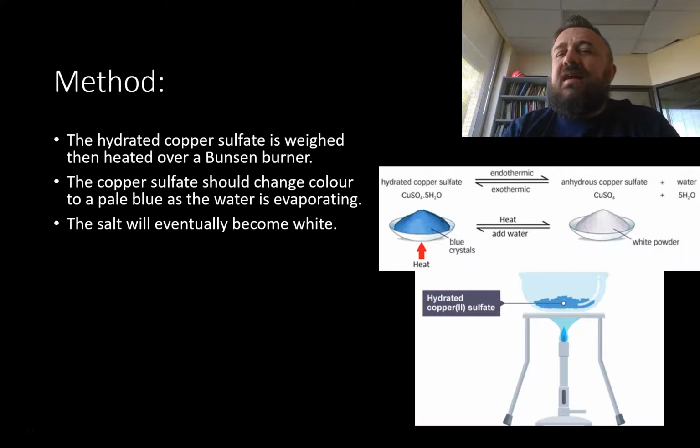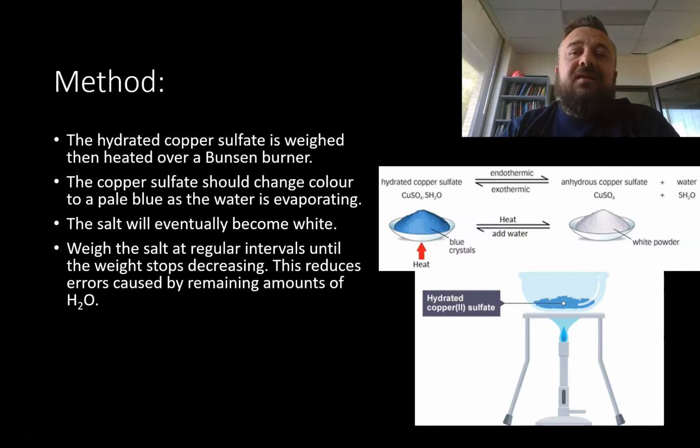It gets really tough to eyeball when it's actually finished evaporating, because once it's white, we have the urge to look at it and go, yep, we're done, we're good, but not necessarily. So what we do is we weigh the salt in the crucible or the evaporating basin at regular intervals, every 30 seconds or so.